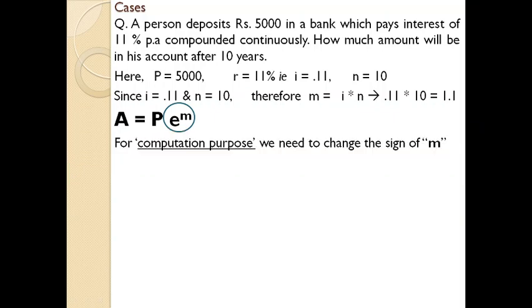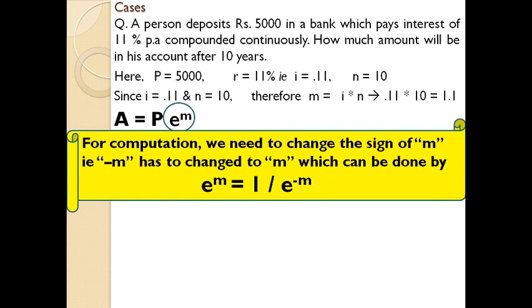This is done solely for the computation purpose. So remember, the equation is A equals P into e raised to m. From the business point of view, you need to follow this equation. For the computation, e raised to m is used instead of minus m. There is a separate table for finding the value of e raised to m.